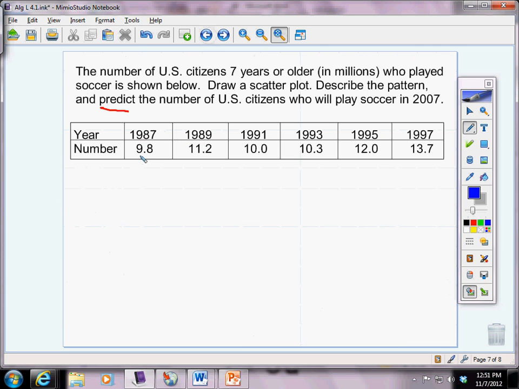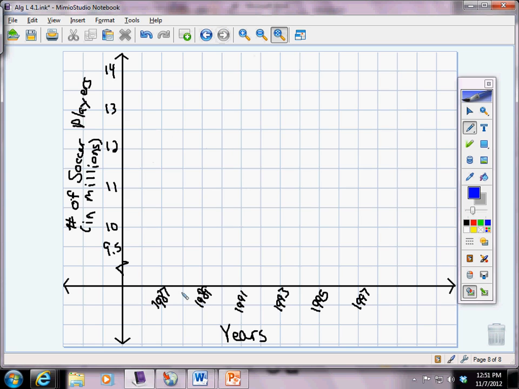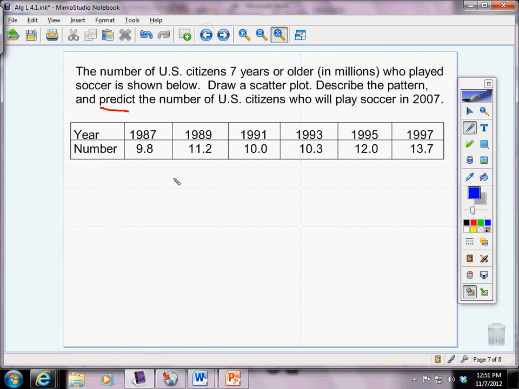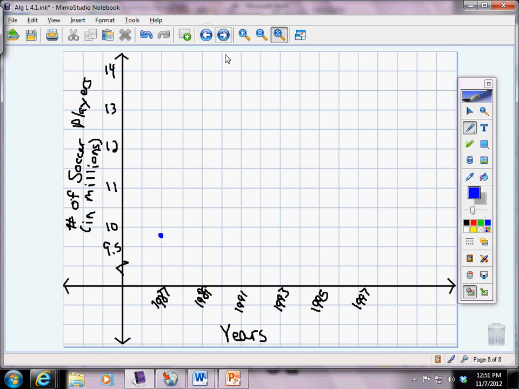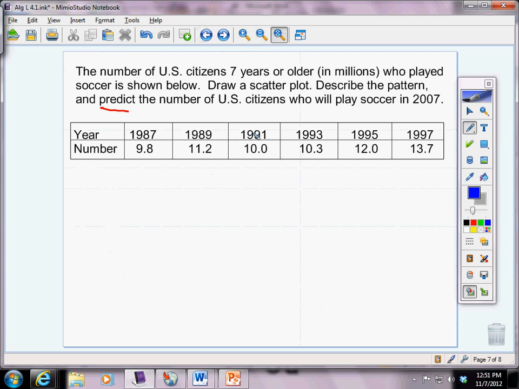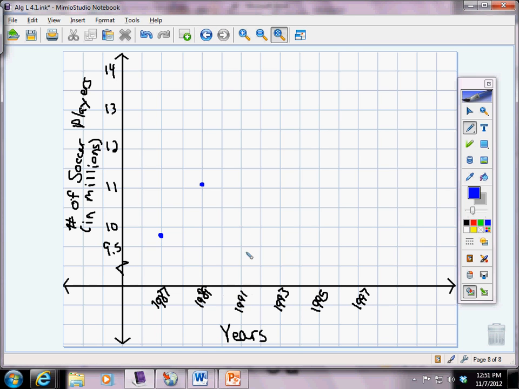In 1987, there were 9.8 million people who played. So 1987, here's 9.5, here's 10, so it's going to fall somewhere in here. In 1989, we had 11.2. This will be just past the 11. In 91, we had 10 million.